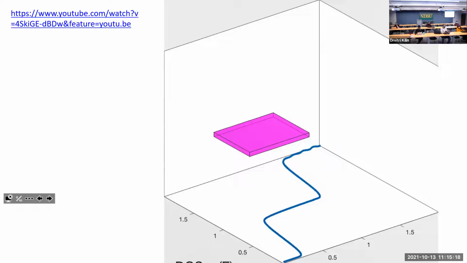Which shape would you identify in this image? How would you call it? Just try to give some name. I don't know, you are on the camera. What do you see? I see a rectangular prism, kind of like a flat box. Well, the thing is a box, and what is on the bottom? That is the number of states, right?